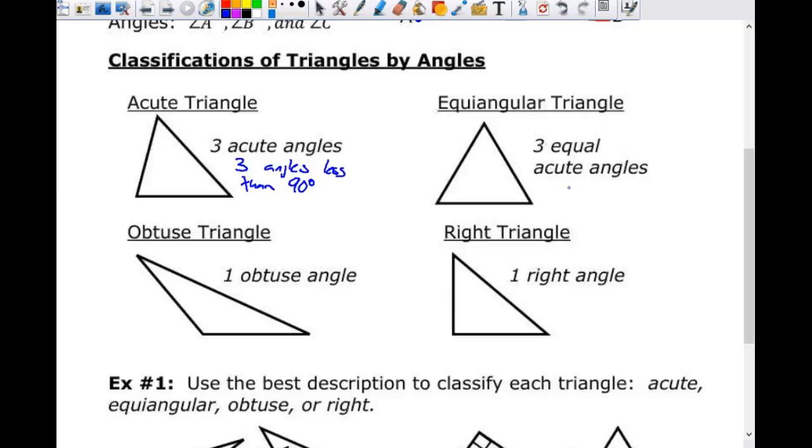We know there's 180 degrees in a triangle. If it's three equal angles, you can do 180 divided by 3. That is 60. So each angle in an equiangular triangle is 60 degrees.